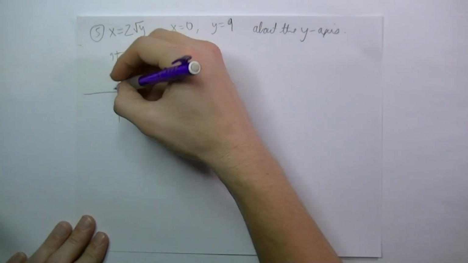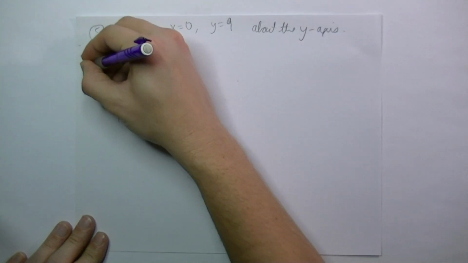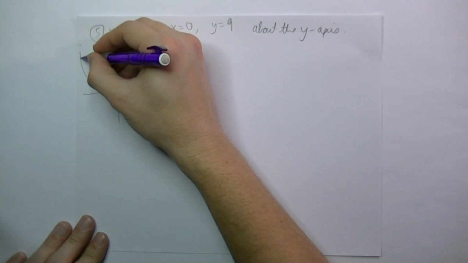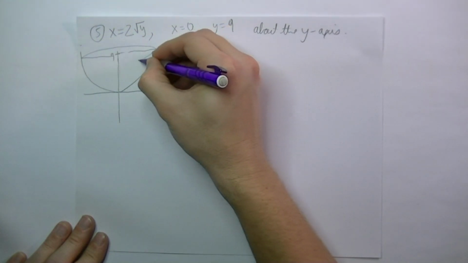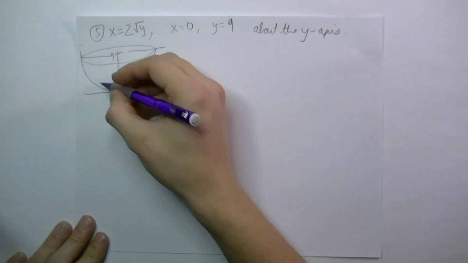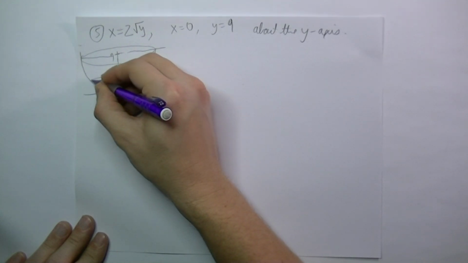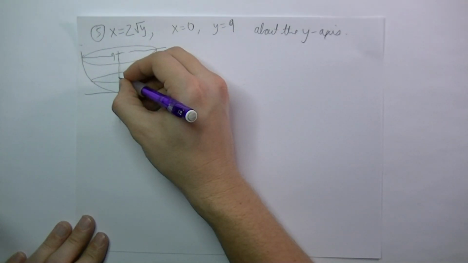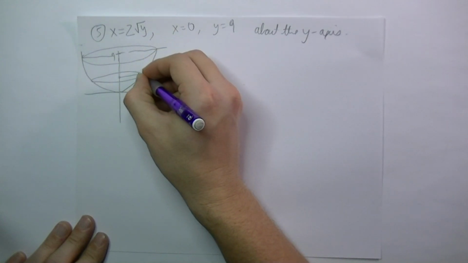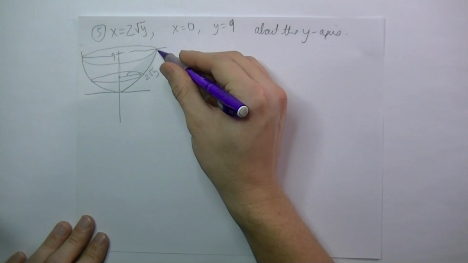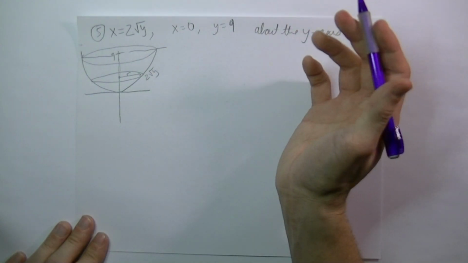So we're revolving around the y-axis here, something like this, and something like that. And one of my typical washers will be here. And this washer has a radius, and that radius happens to be the value of this function, 2 square roots of y.